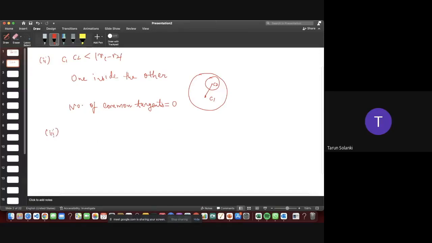Similarly, we can take one more here, which is C1C2 is equal to R1 plus R2. So that means this is external touch, right? This is the external touch. So external touch will be like this: first circle and the second.